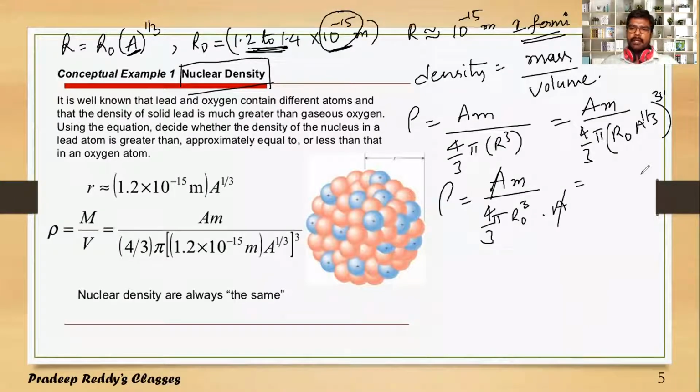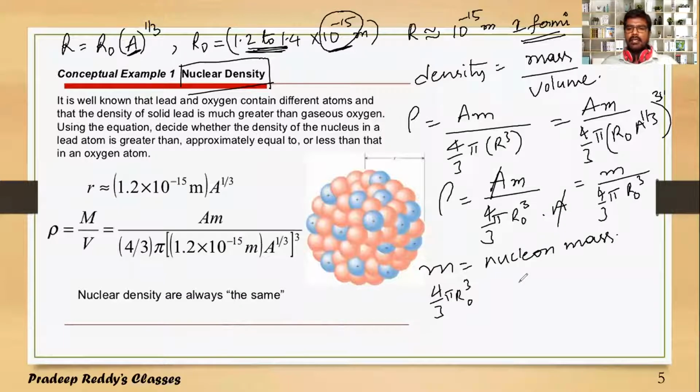It is m divided by 4 by 3 pi r naught whole power 3. m is equal to the nucleon mass. And 4 by 3 is constant, r naught is also constant. 4 by 3 pi r naught whole power 3 is also constant. There are no variables. Therefore, the density of the nucleus is constant.